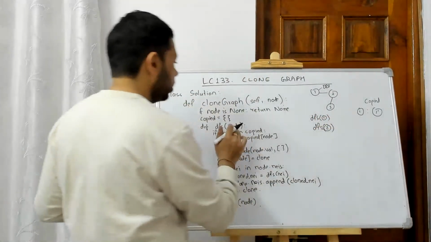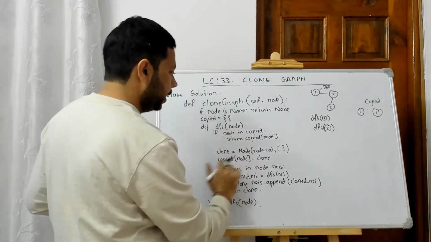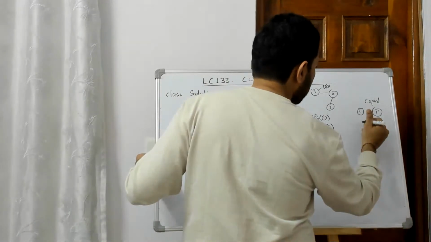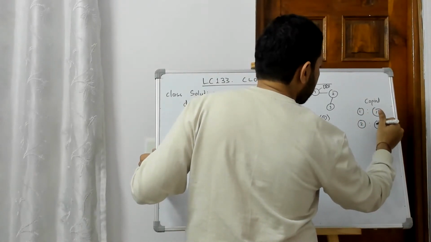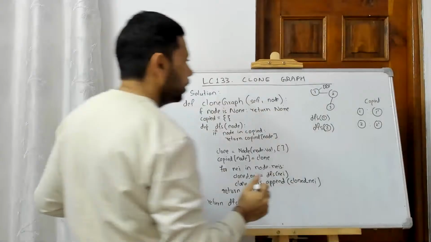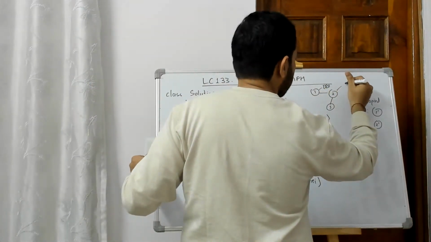Now 2 is not part of copied, so you'll come here and create a clone. So here you'll create 2 and you'll have 2 dash. Now you'll go to the neighbors of 2.